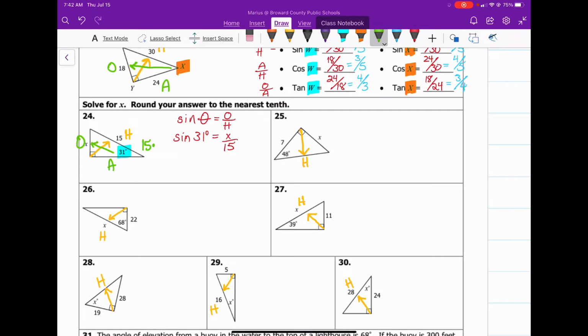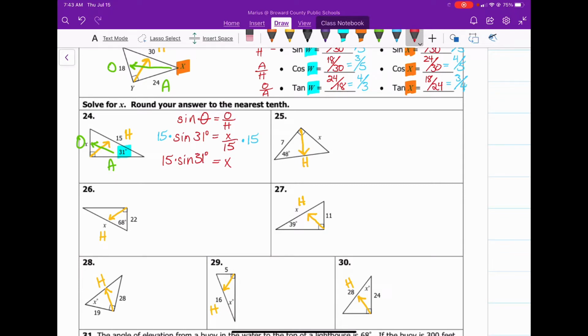And remember what I said. In order to get the X by itself, we're going to have to multiply 15 on both sides. So now we know that X is equal to 15 times sine of 31 degrees, okay?